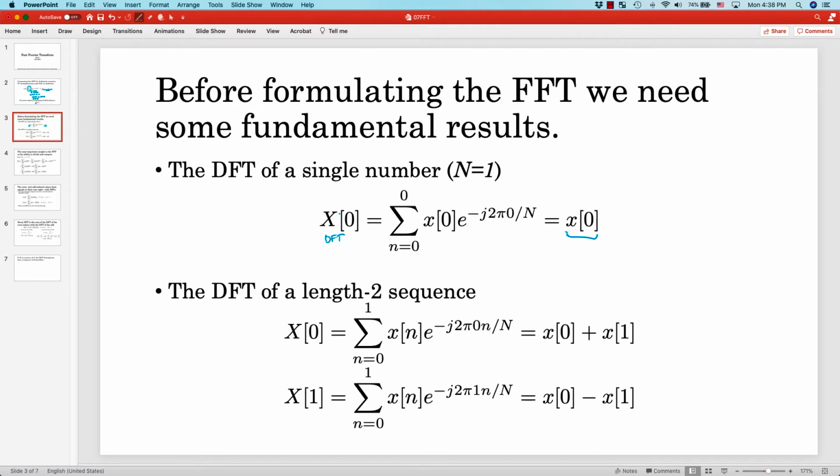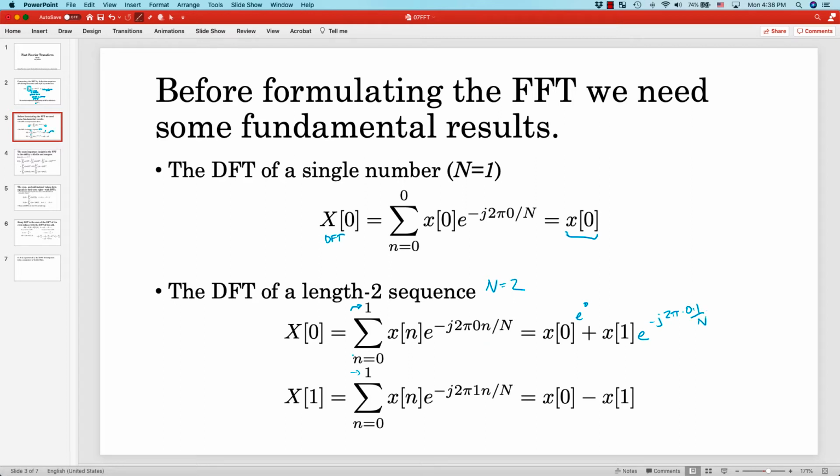So the next fundamental result is that if you have a length 2 sequence, so n equals 2, the DFT will also be length 2, and if you clip your summations to be from 0 to 1 now, then we are looking at x of 0 times e to the 0 plus x of 1 times e to the minus j 2 pi times 0 times 1 divided by n.